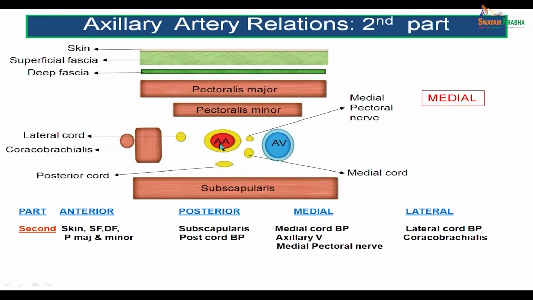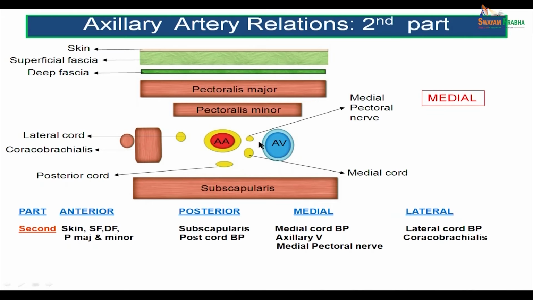So, the anterior relations are skin, superficial fascia, deep fascia and the muscles pectoralis major and pectoralis minor. Then we come to posterior relations. Posteriorly, we have the muscle subscapularis and the posterior cord of brachial plexus.